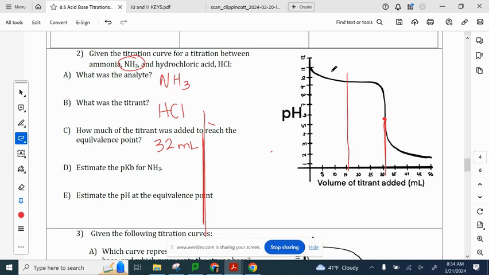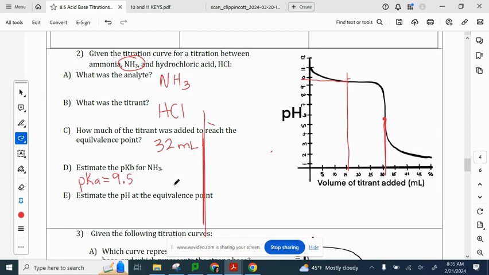And now I'm going to go across here. That did not work out well. Let's try that again. It's a little harder to do this when it goes uphill again. So, all right. That ended up being about 9.5. So our pKa at half equivalence is 9.5.